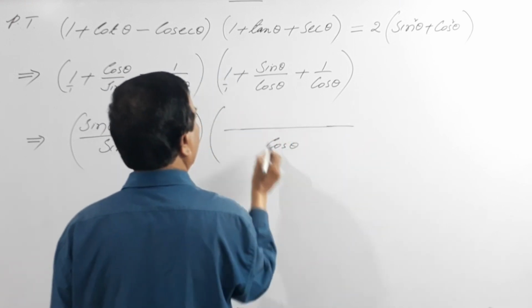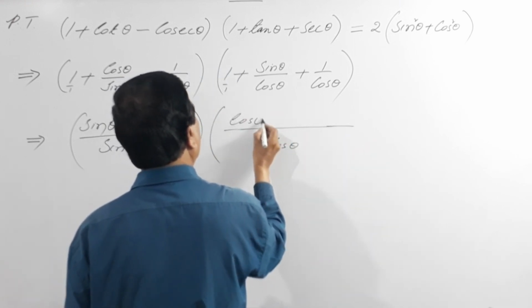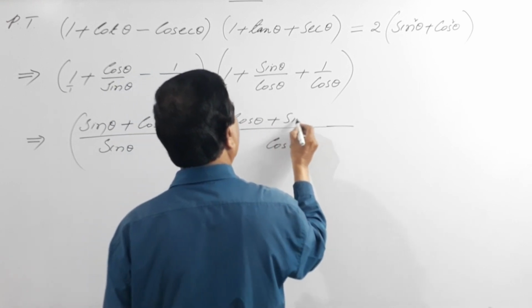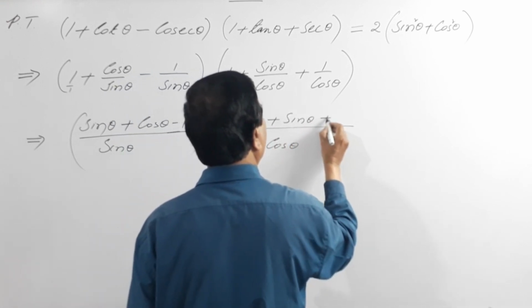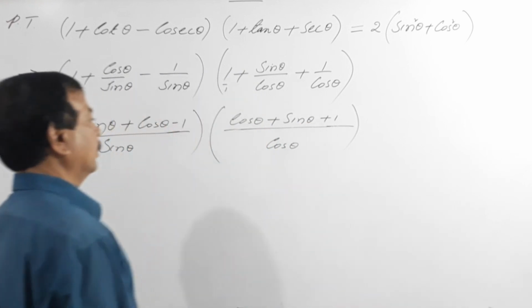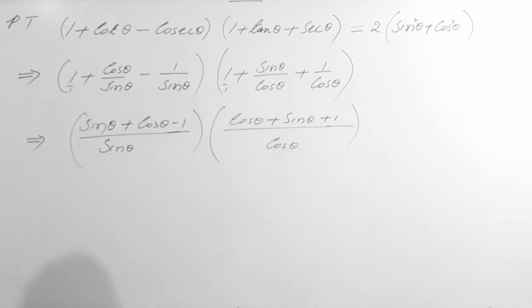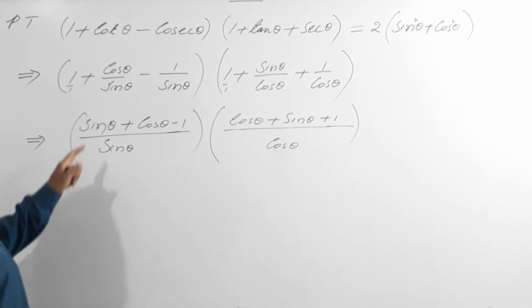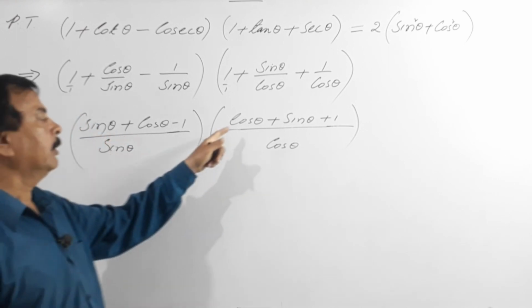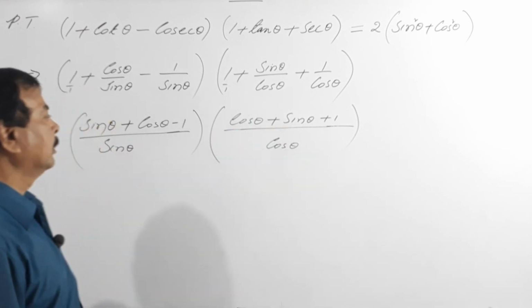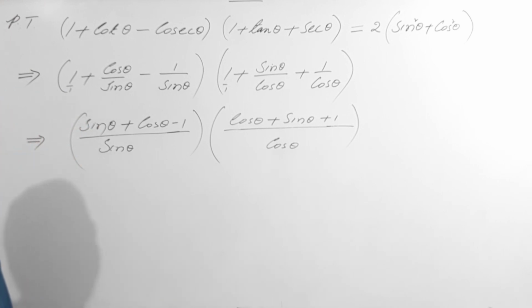So this will be cos theta plus sin theta plus 1. Right. Now if you observe keenly, I can see here also we have sin theta plus cos theta, we have cos theta plus sin theta.